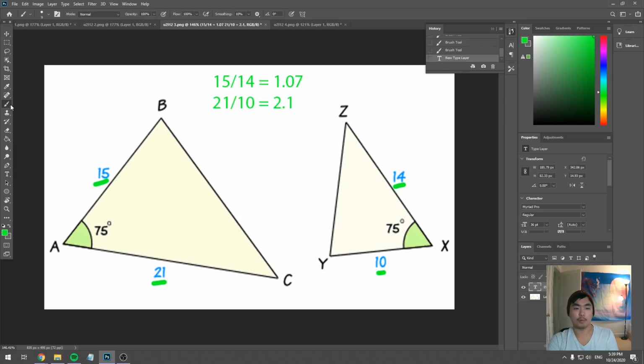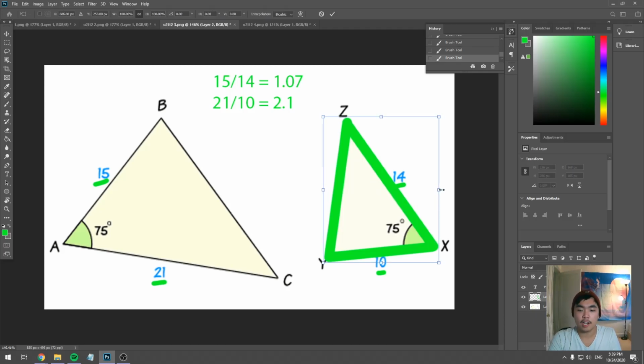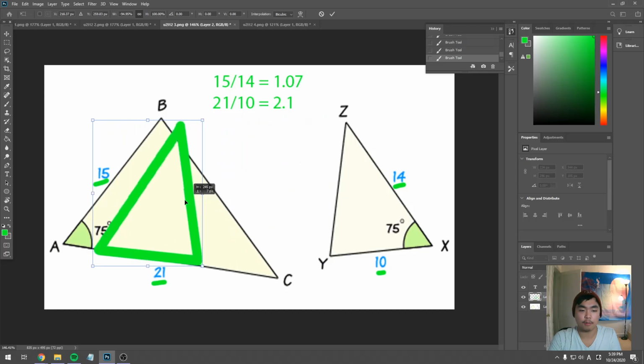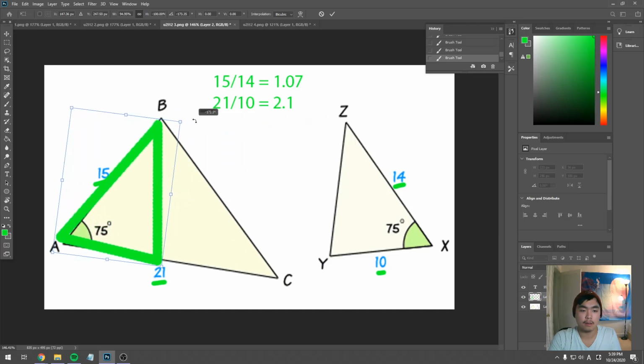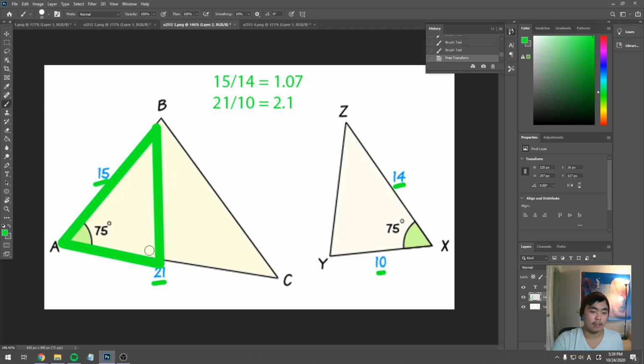And we have a problem. The 1.07 and the 2.1 are different scale factors. They are not the same. What that means is, if I took this triangle and tried matching it up, reflecting it like this, matching this 14 with the 15 and the 10 with the 21, then they don't look the same.